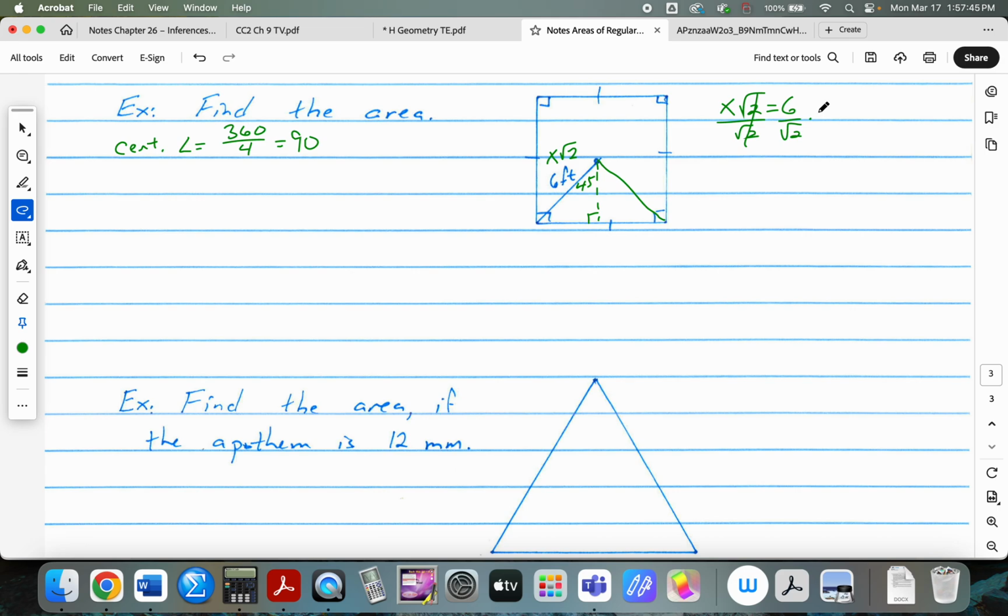And rationalize. So it's 6 square roots of 2 over 2. Is 3 square roots of 2. So both of those are 3 square roots of 2.